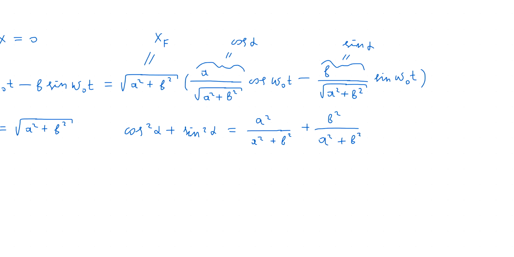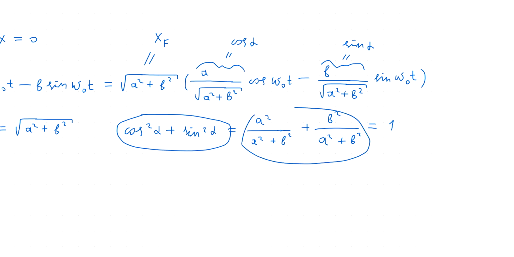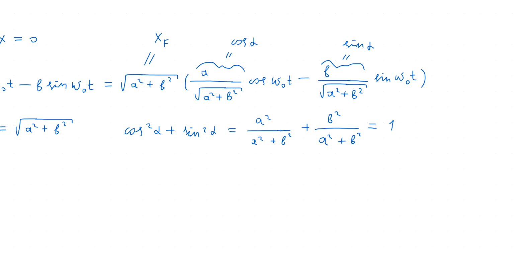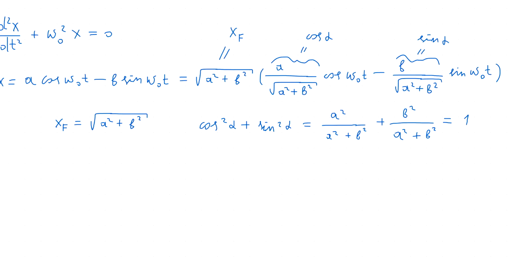And so from here we will obtain that it will be equal to 1. And so this property of sine and cosine is true for this function, so such a substitution may be done in this case. Okay, so everything is correct.